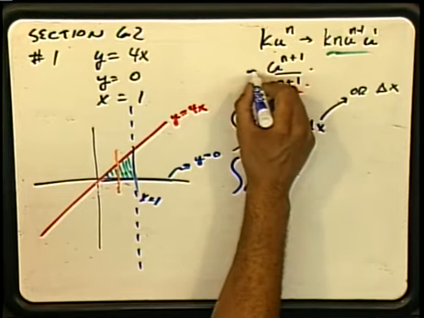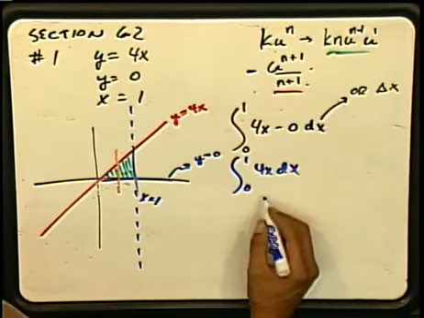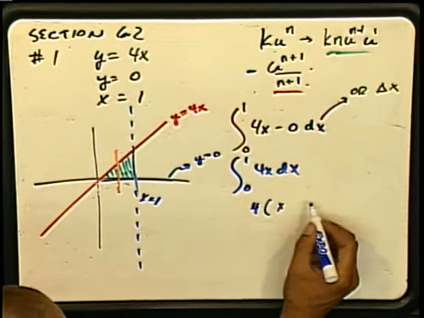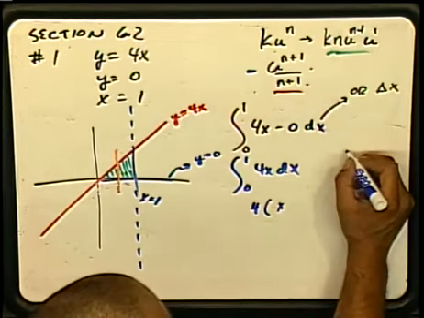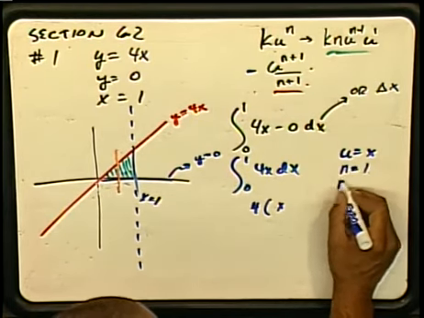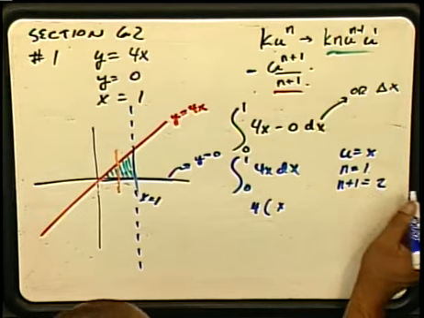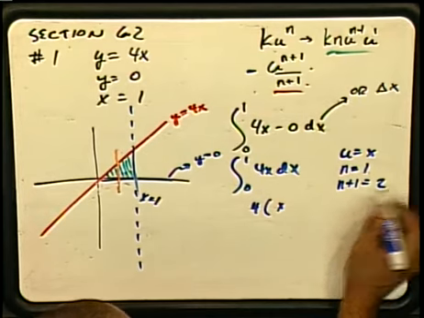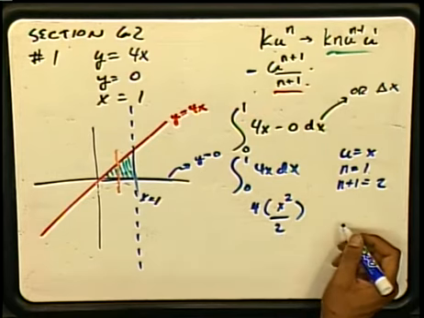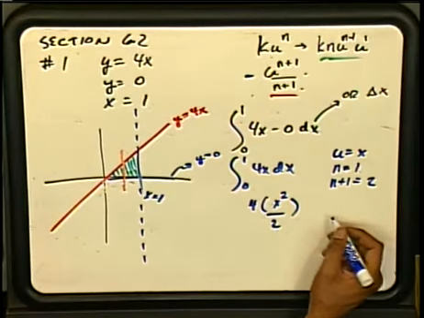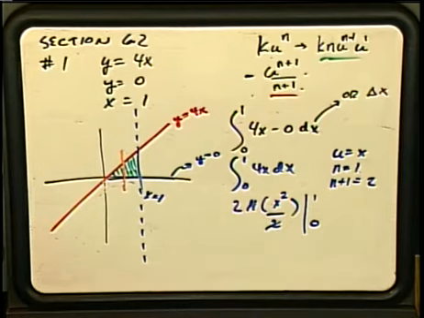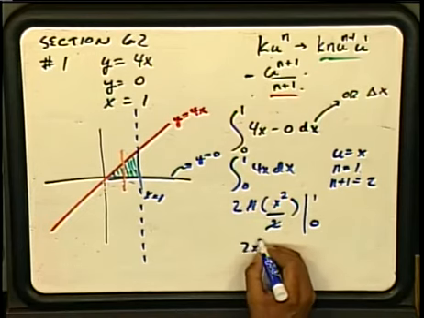This time I'm only going to use this method. Separate the 4x. u equals x, n equals 1, n plus 1 equals 2. So it'll be x to the second over 2. The 2s cancel, and you get 2x squared.